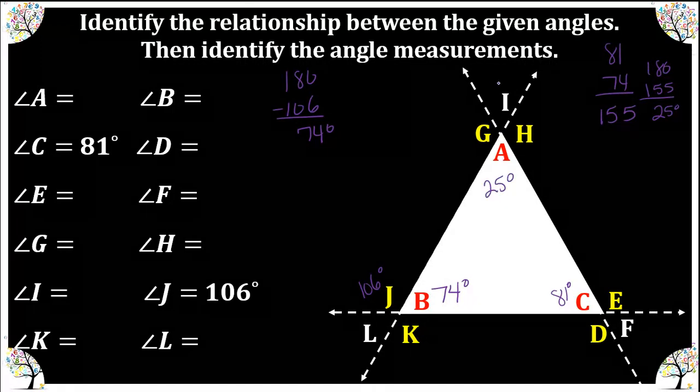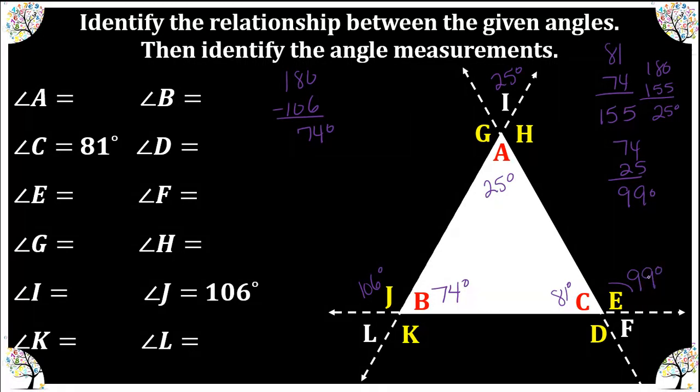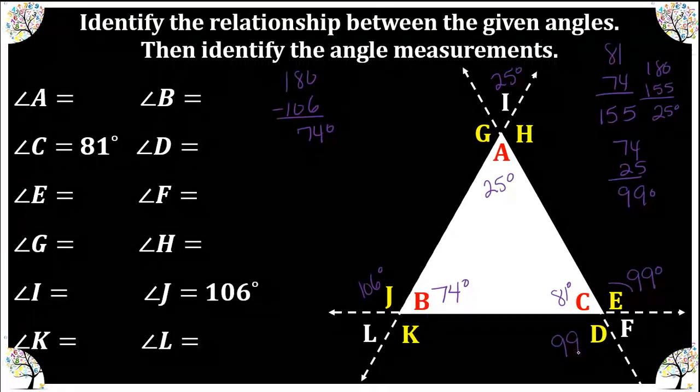If A is 25, I is 25. We can get angle E by subtracting 81 from 180 or adding 74 and 25. So when I add 74 and 25, we get 99 degrees. And we know D is 99 degrees.